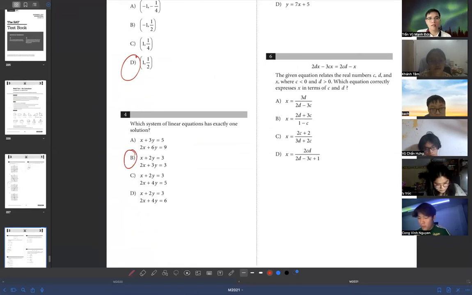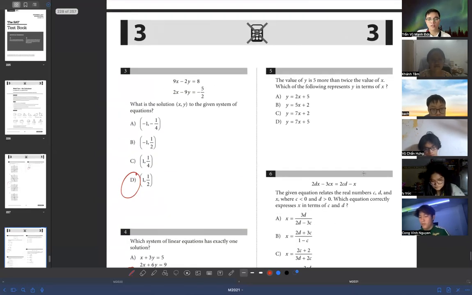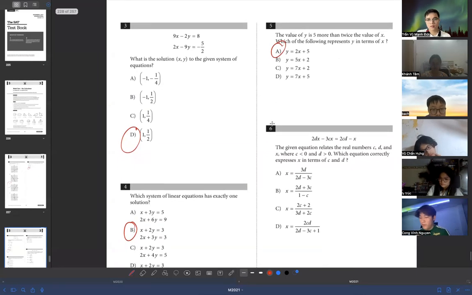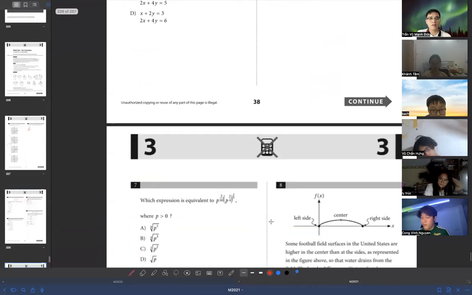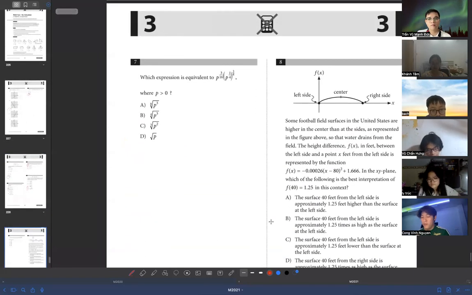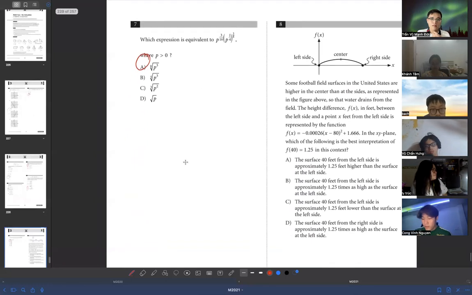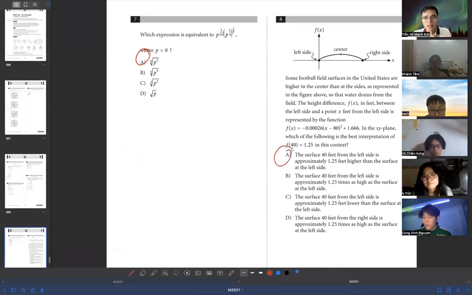Very simple. Next, 5 to 9. 5A, 6D, 7A, 8A. This one, let's pause for a bit.